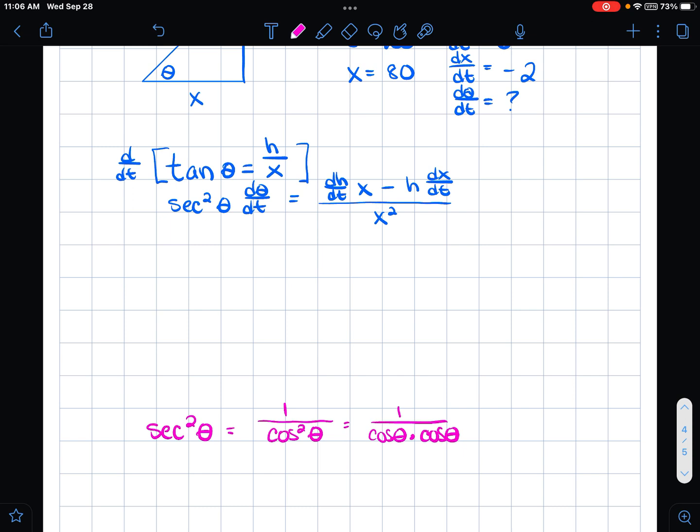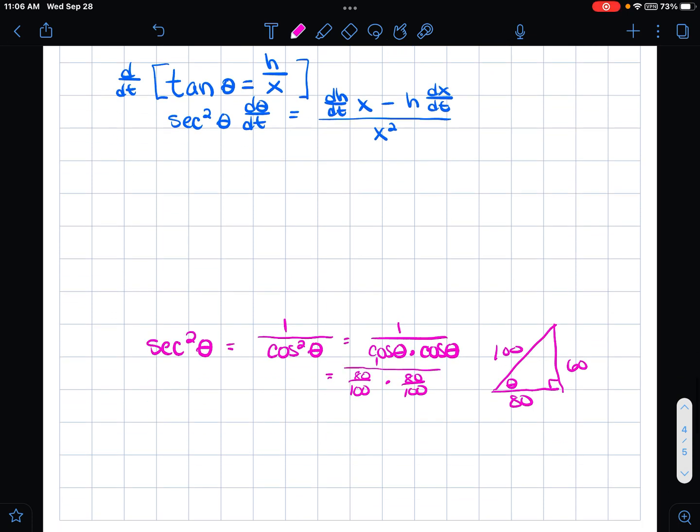Well, the nice part is, in the triangle that was given to us, we can actually find the cosine of theta. If that's theta, we know that this is 60, that's 80, that's 100. Cosine is adjacent over hypotenuse. So the cosine is 80 over 100 times 80 over 100.